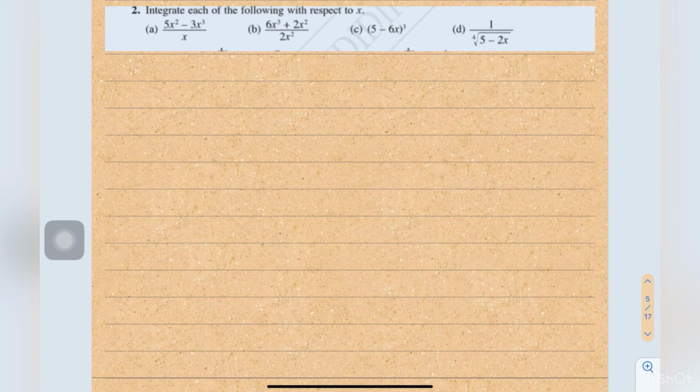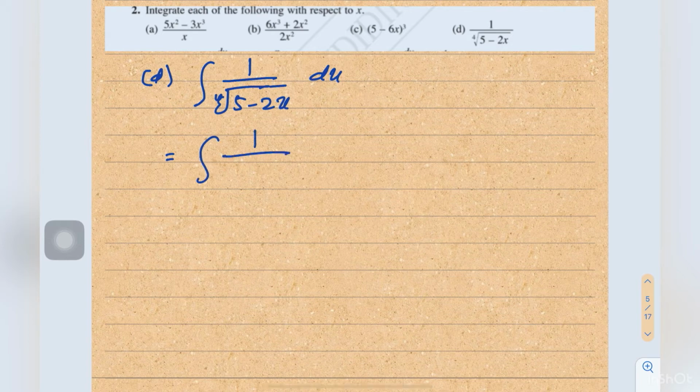The last one for question number 2. Here we find the integration for 1 over the fourth root of 5 minus 2x, with respect to x. We simplify first, it becomes 1 over 5 minus 2x power of 1 over 4.